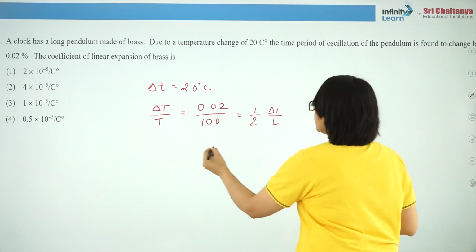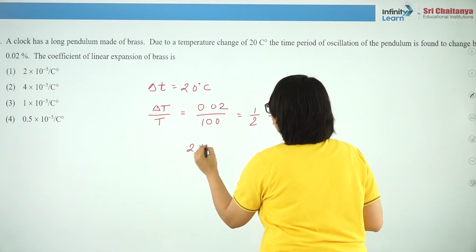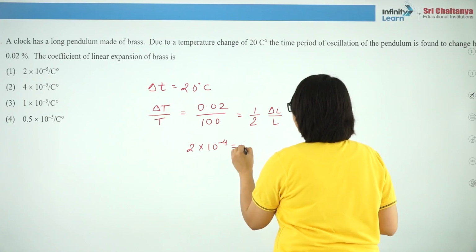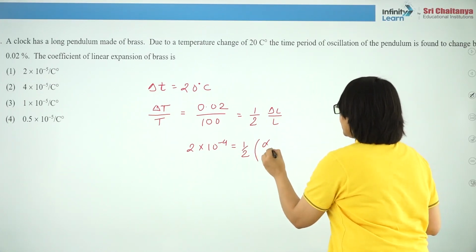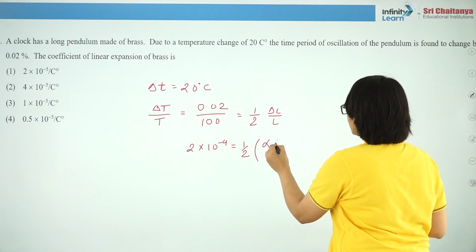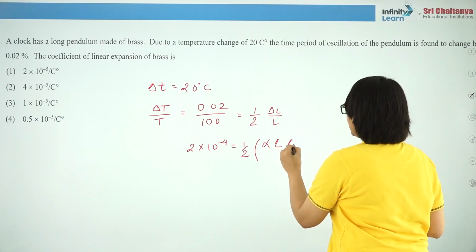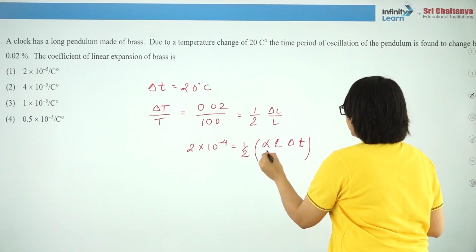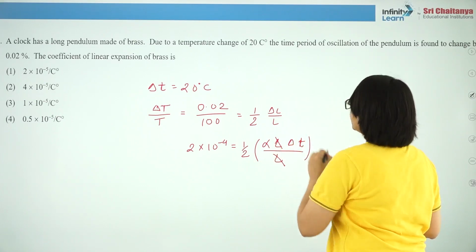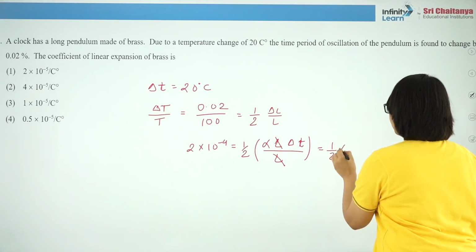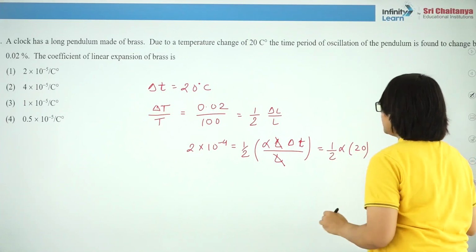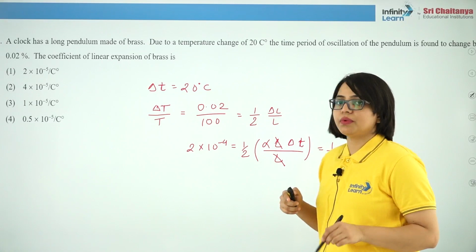So, it is 2 into 10 power minus 4 is equal to 1 by 2, and delta L is nothing but alpha L delta T divided by L. Delta T is given as 20, so it will be half alpha 20, which is 10 alpha, and 10 alpha is 2 into 10 power minus 4.